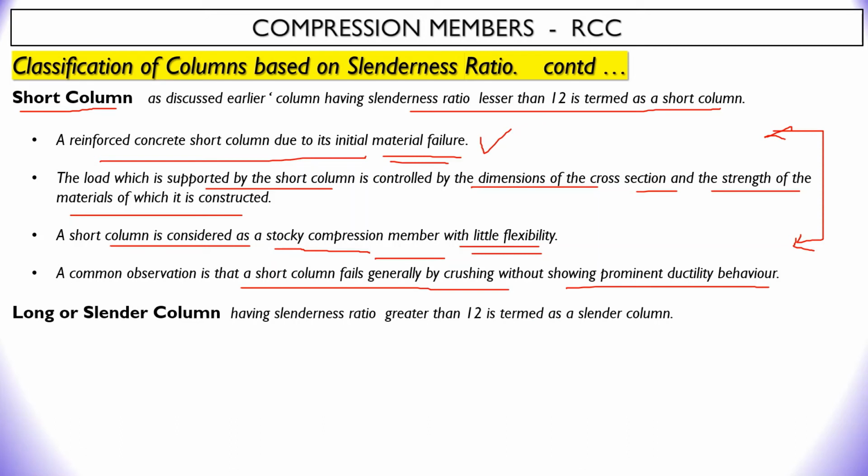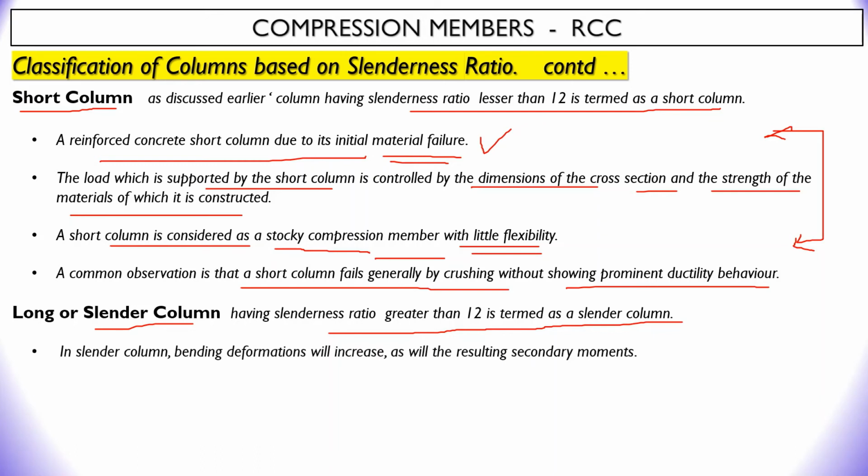Now, when we talk about the long column or slender column, the definition as per IS 456 is that if the slenderness ratio is greater than 12, then it will be termed a slender column. Let us understand how a slender column behaves. In a slender column, bending deformation will increase.